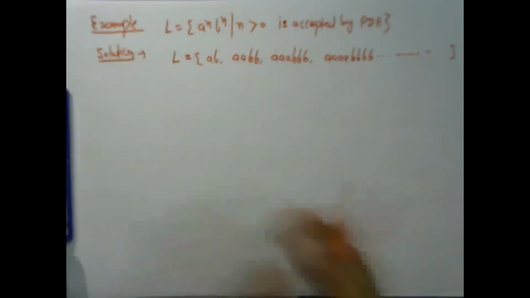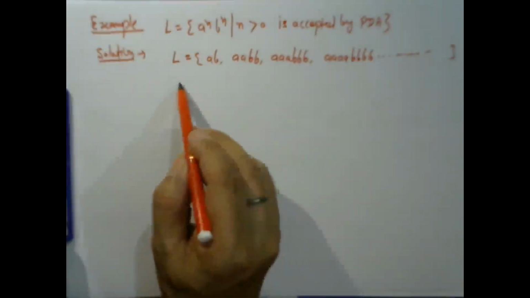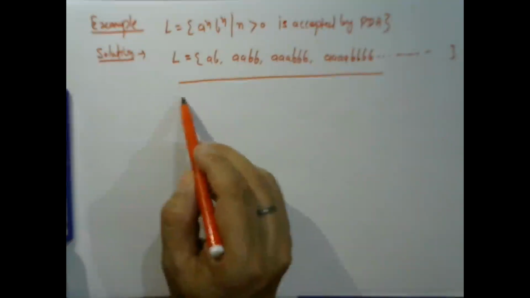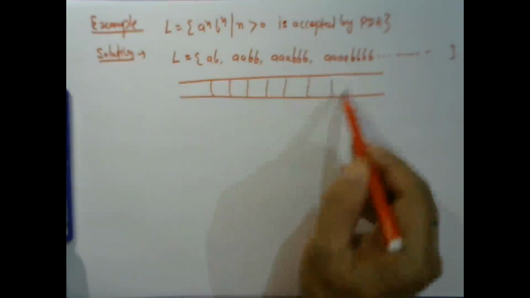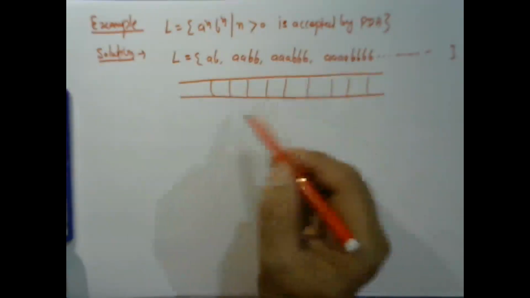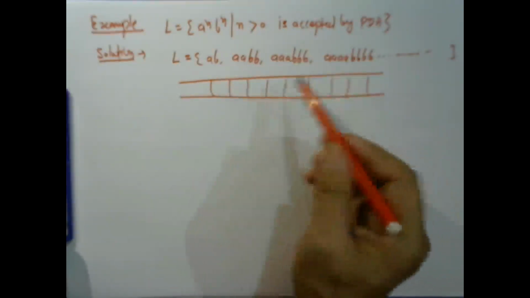Now let us explain with the help of a block diagram. Suppose there is a block diagram with the input tape. You want to put a string from this to check for language processing.